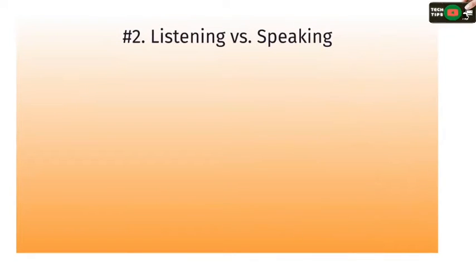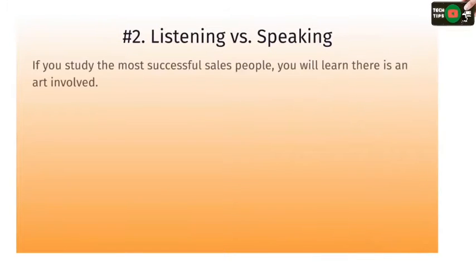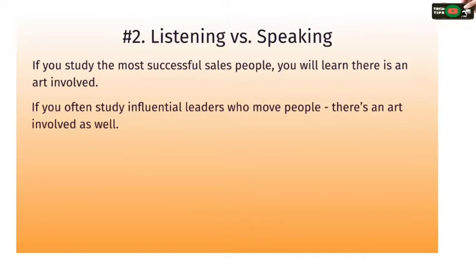2, we're going to talk about listening versus speaking. Now, if you study the most successful salespeople, you will learn that there is an art involved. And if you study, for example, influential leaders who move people and have people following them, there's an art involved as well. So if you think about leaders, there are several different types of leaders, which is what we're talking about here.